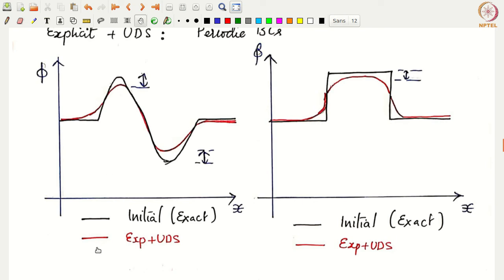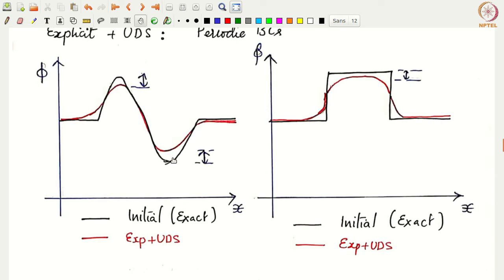Now if we had solved it using explicit and upwind difference scheme, the result you would obtain is shown in red color here, where you can see that there is a decrease in amplitude. So we start off with this black profile and solve the system using explicit upwind difference scheme. Then the solution after one period of movement would be equal to the one shown by red, right?